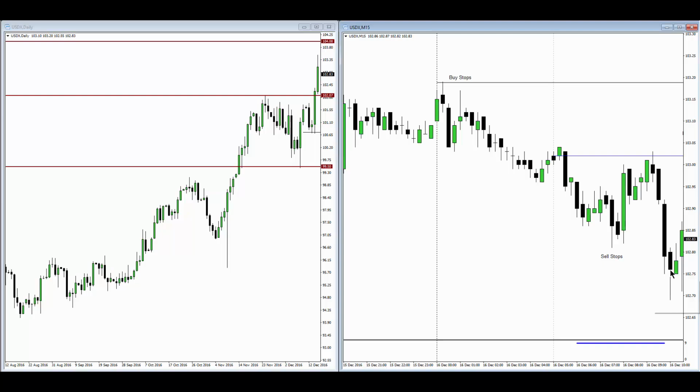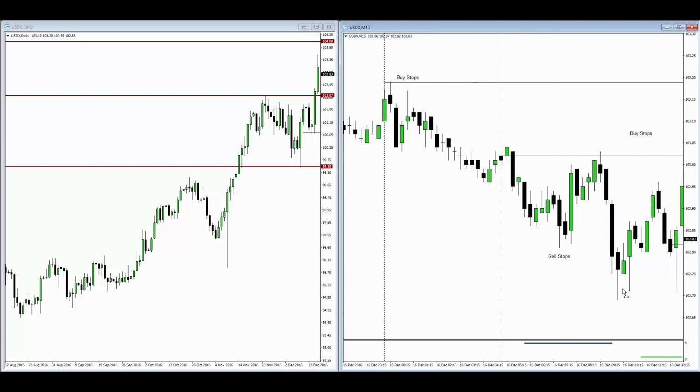The low comes in at 102.69, so you definitely would have had an easy fill on that in regards to spread. So below this low, you'd be long, and we're going to be looking for buy stops above these equal highs, and then buy stops above here to unload that long position that would be accumulated below this low.